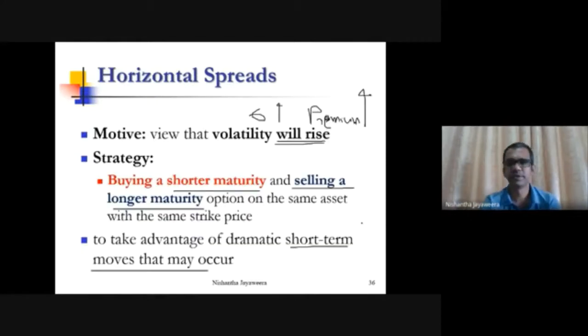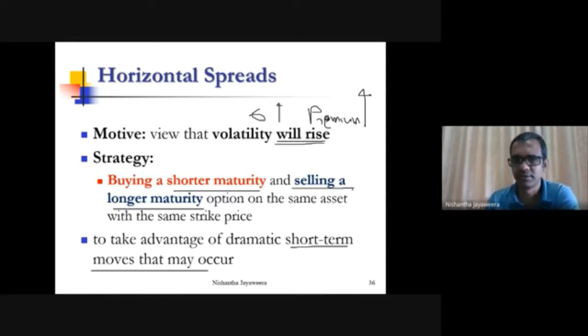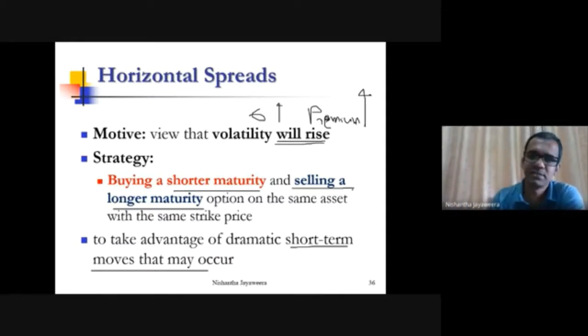So for the horizontal spread, again remember here I haven't mentioned whether it's a put or a call. You can buy a shorter maturity call and sell a longer maturity call, or buy a shorter maturity put and sell a longer maturity put. That's the only thing. You have to buy and sell the same category of options, either call or put, not a mix, but with two different maturities with the same strike.